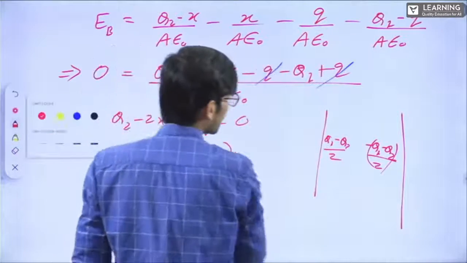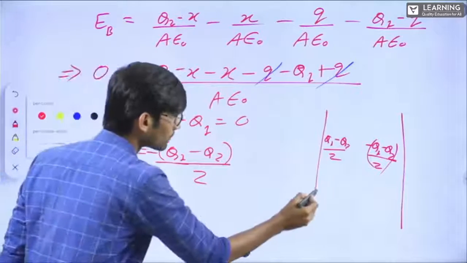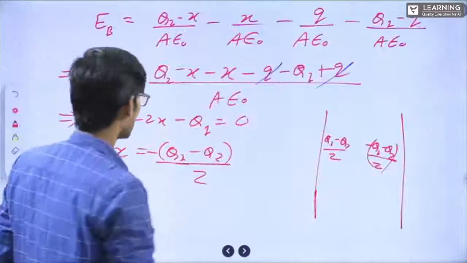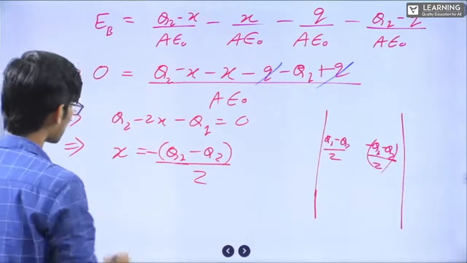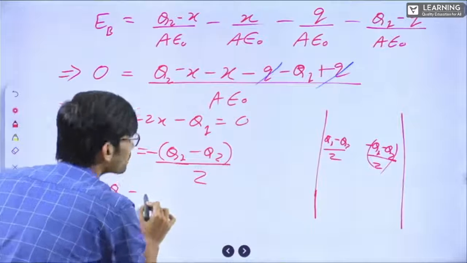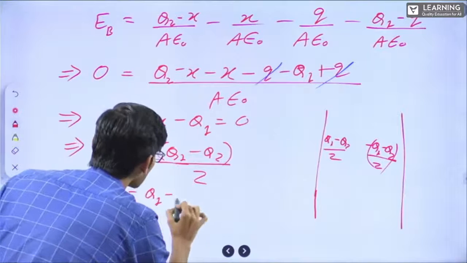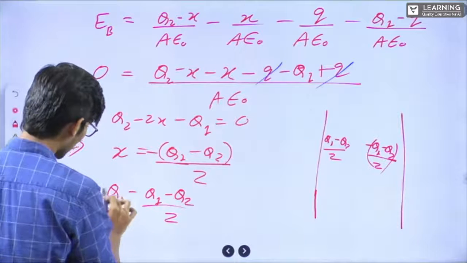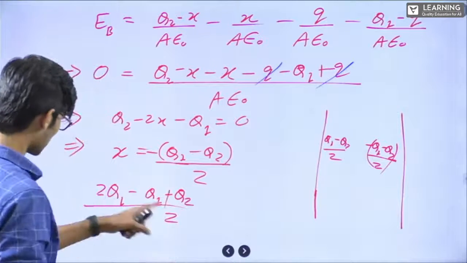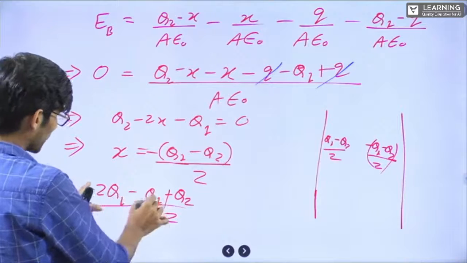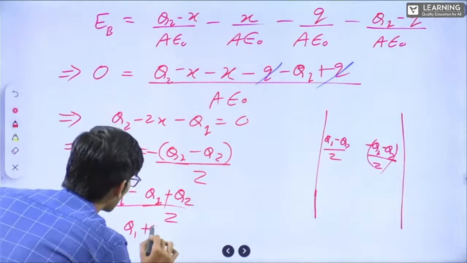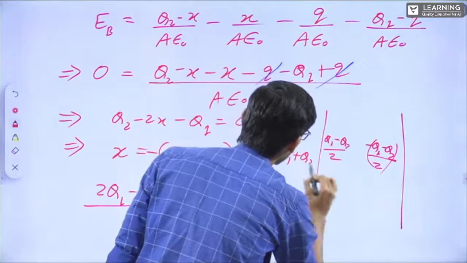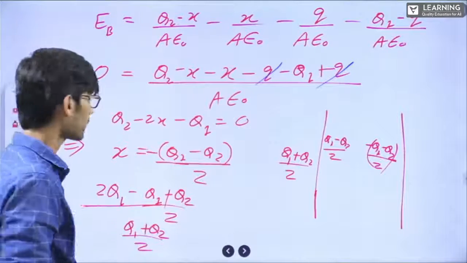These are two plates. Outside, how much charge is there? Q1 minus Q. So Q1 minus Q is Q1 minus Q2 by 2. Minus, if I take inside, 2 if I multiply here, this will be like this, 2Q1 minus Q1, Q1 plus Q2 by 2. Correct? So this will be Q1 plus Q2 by 2. Okay?